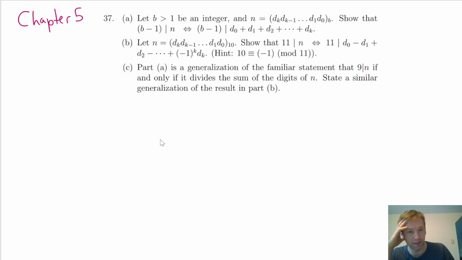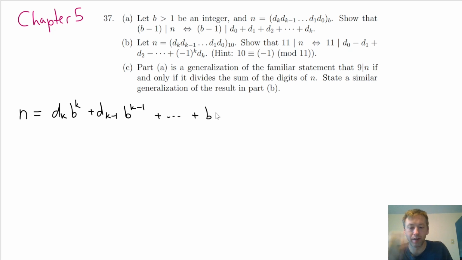Okay, so this is exactly the same as the divisibility by 9 thing that we did in class. So the key here is that n is equal to dk b to the k plus dk minus 1 b to the k minus 1 plus dot dot dot down to d1 b to the 1 plus d0 b to the 0.